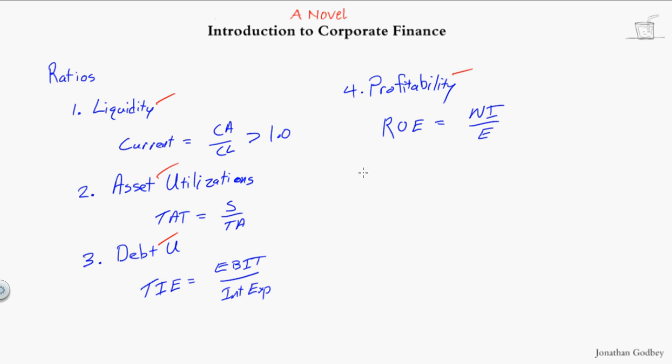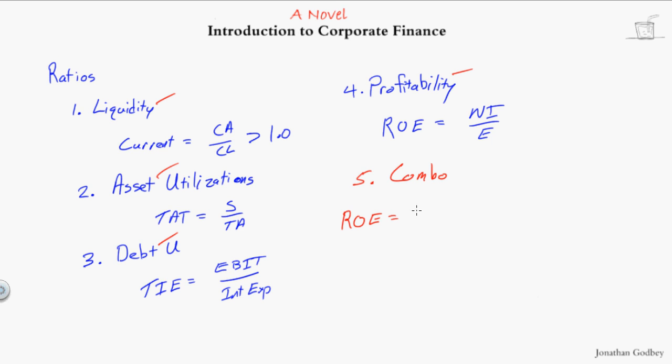So the fifth type, I'm going to put it in red, is combinations. So combo. And here we have one that's important. Return on equity. My goal is to maximize shareholder wealth if I'm your CEO. So I need to have a high return on equity, and that is equal to net income over equity, right?